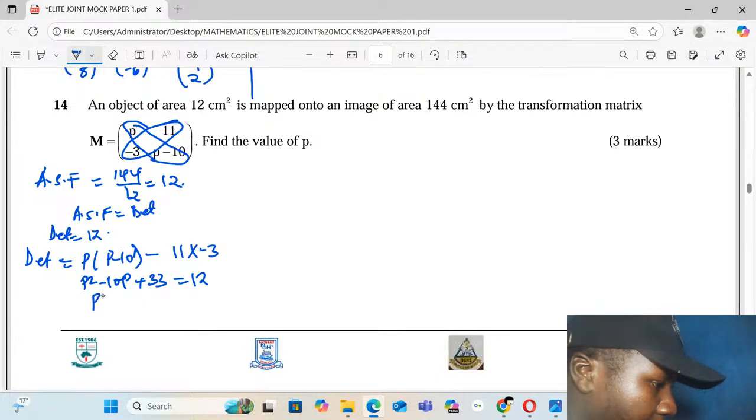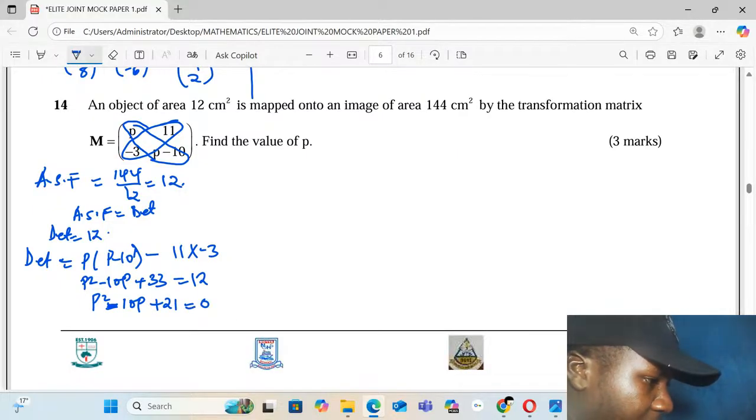So P squared minus 10P plus 21 is equal to 0.